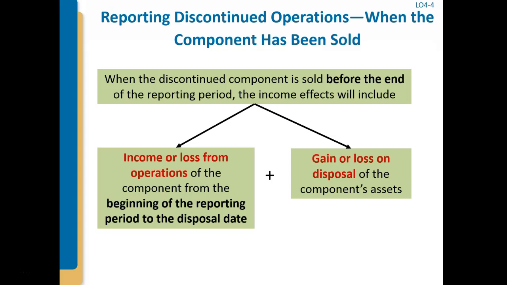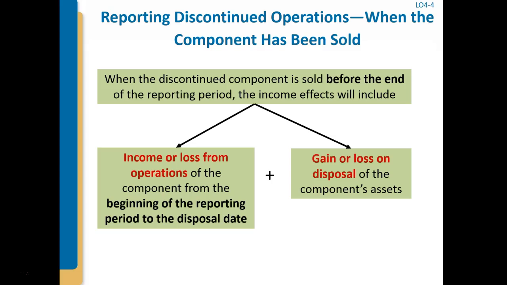The first element would consist primarily of income from daily operations of this discontinued component of the company. This would include typical revenues from sales to customers, and then those ordinary expenses such as cost of goods sold, salaries, rent, and insurance.